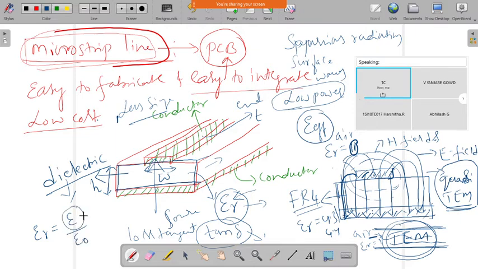If the company or people specify the dielectric value, we can find the total epsilon, where epsilon naught is the permittivity of free space, 8.85 × 10^-12 farad per meter.